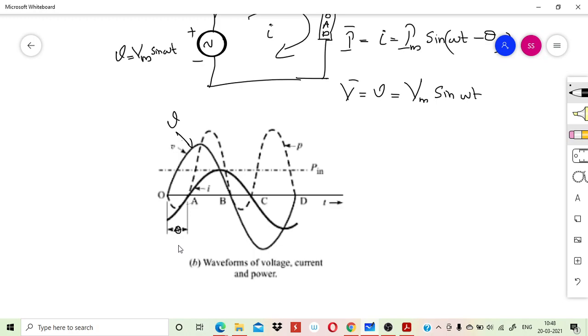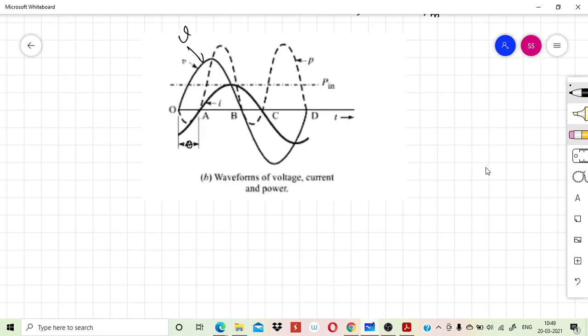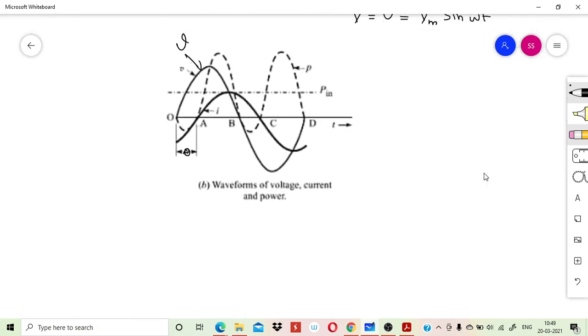That means after angle theta the current waveform comes into the picture. That is why the mathematical model of this lagging current waveform is given by Im sin(omega t minus theta). So these are the instantaneous values of voltage and current in that particular circuit.